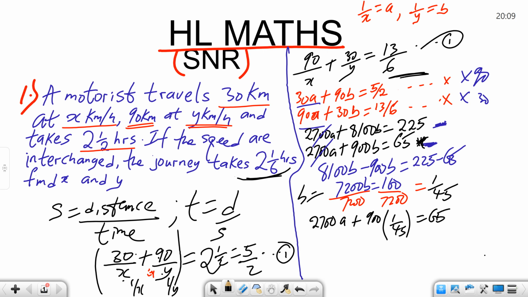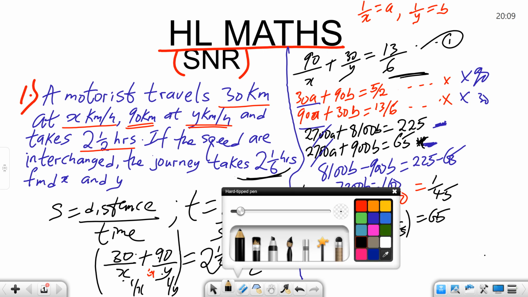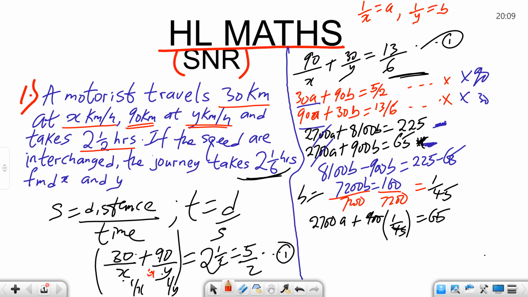We divide 900 by 45 to have 20. So we have 2700a plus 20 equals 65.